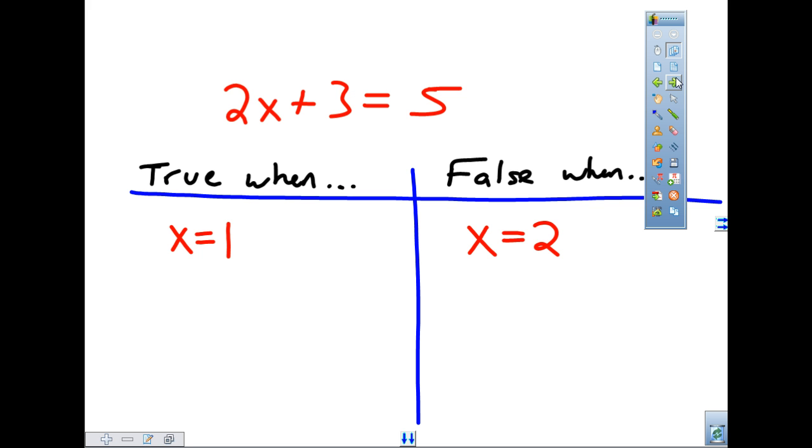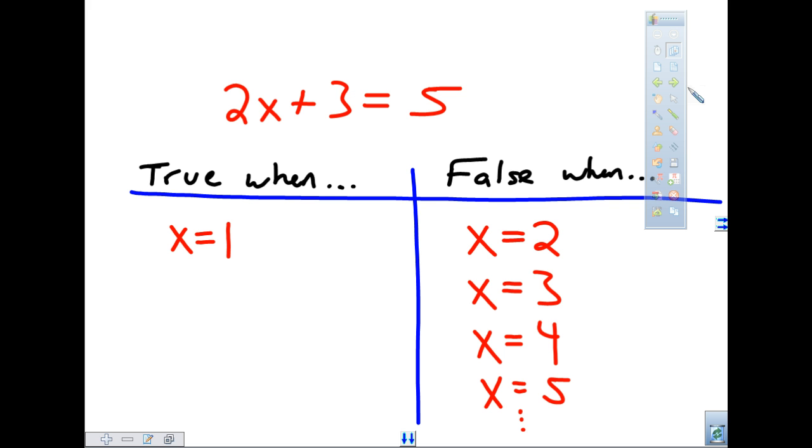Well, if you go back and check the same way we checked the previous two, you'll find that for the case where x is equal to 3, the equation will be false. When x is equal to 4, the equation will be false. When x is equal to 5, the equation will be false. And you'll find that actually it's going to be false in every other circumstance except when x is equal to 1. So whether you're checking negative numbers or fractions or decimals, it's always false except under the condition when x is equal to 1. That's the only time it's true.